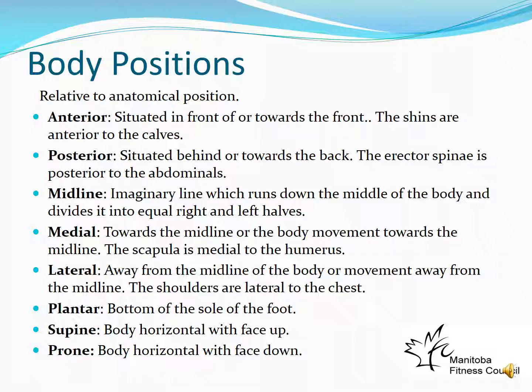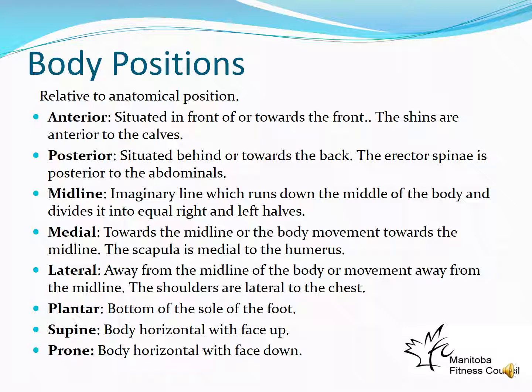So here is the example. Our shins are anterior to our calves. Another way of thinking it is our eyes are anterior to our ears. Okay, more in front of, anterior. The next one is posterior. So this will be situated behind or towards the back. And the example here are the erector spinae.